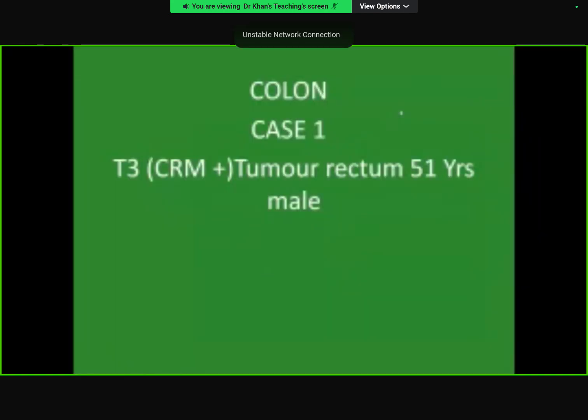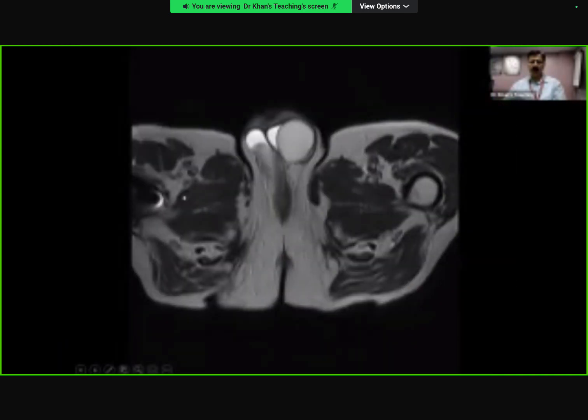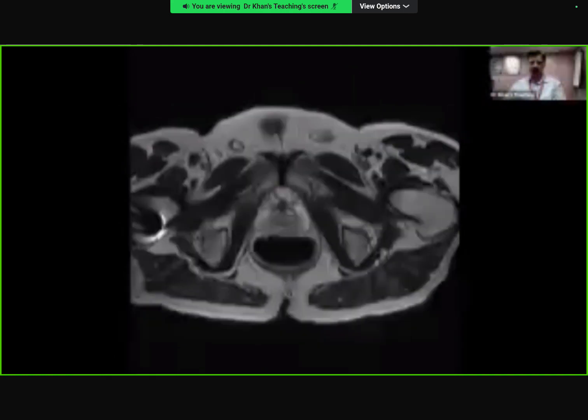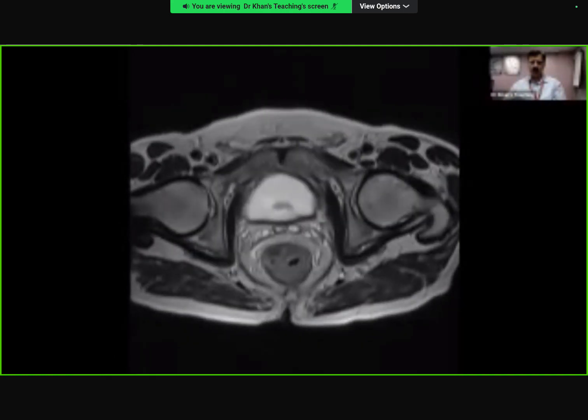Okay, so this is a case of a T3 tumor in a 51-year-old male. I am showing you an axial slice here, and I want you to see it with me.